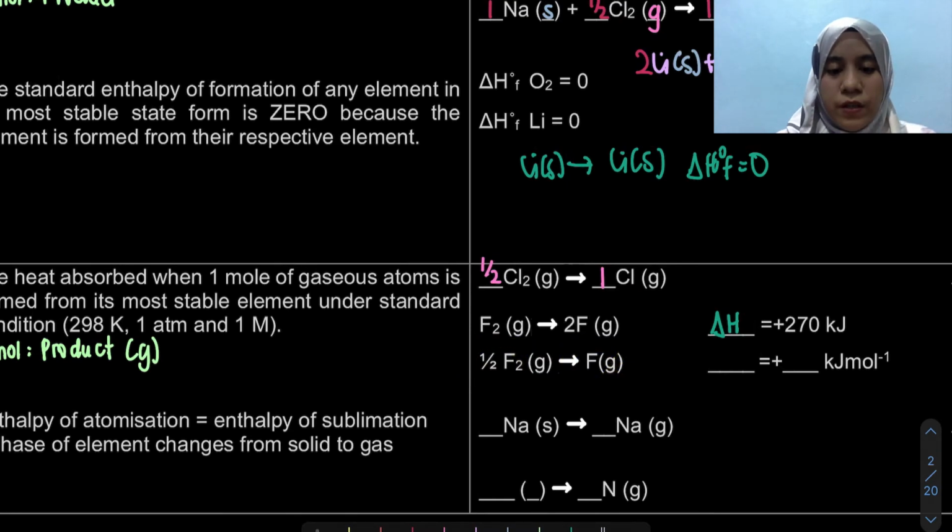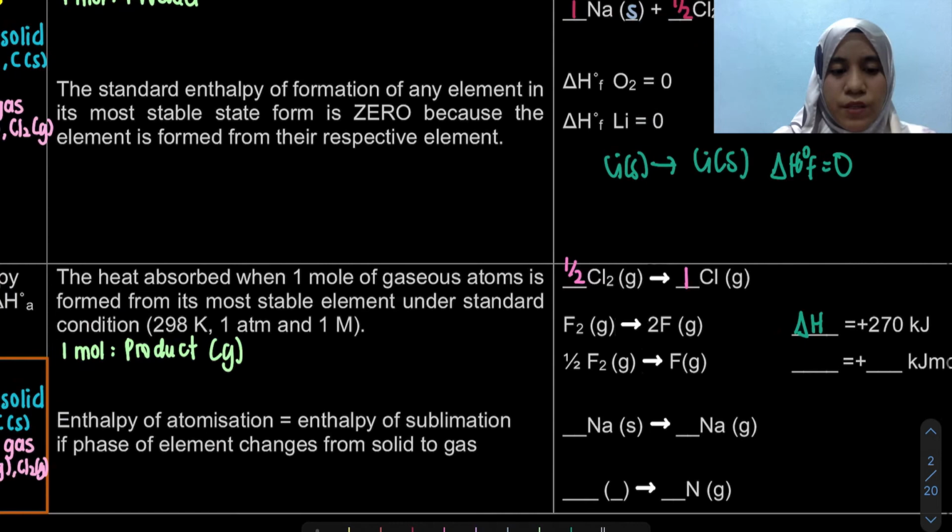Why? Because 1 mole of gaseous atom is formed from the element. Yang ini pun memanglah nampak macam gaseous atom kan, tapi kat sini kan 2. So taklah. So yang ini baru enthalpy of atomization. Yang ini barulah denote the delta H not A. Atomization. How about the value?